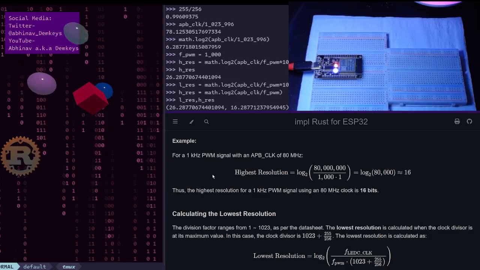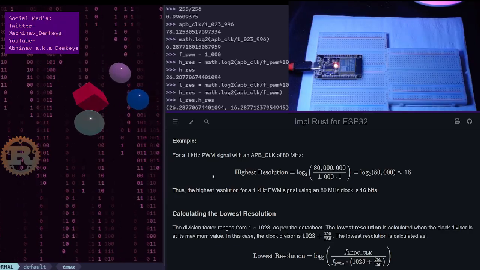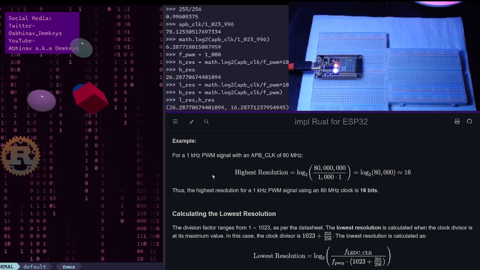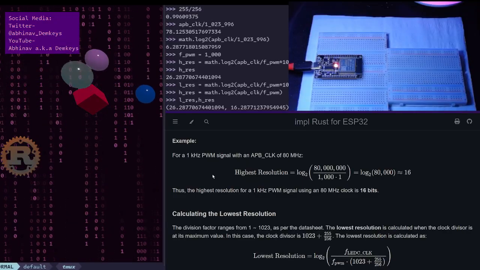Yeah, 16. How is the lowest res somehow higher than the highest res?